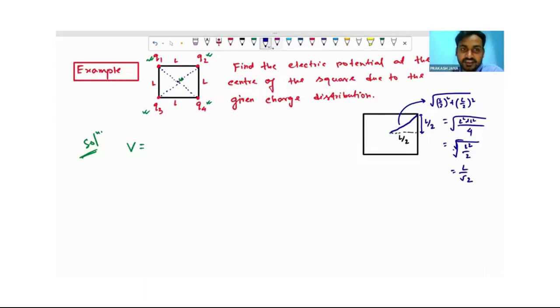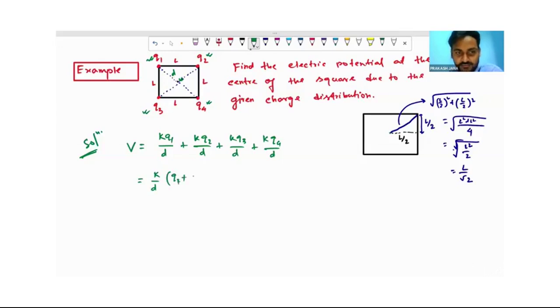So now we will apply here. So what will be the answer? It is K Q1 by the distance. Suppose I write it as D, plus K Q2 by D plus K Q3 by D plus K Q4 by D. So I can take common K by D, then I will be left with Q1 plus Q2 plus Q3 plus Q4.